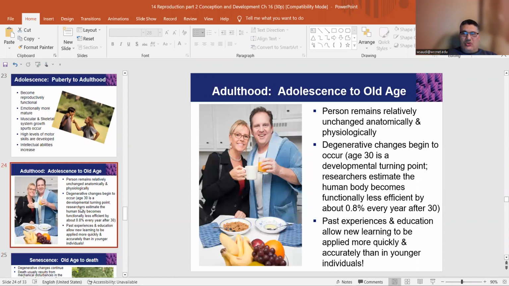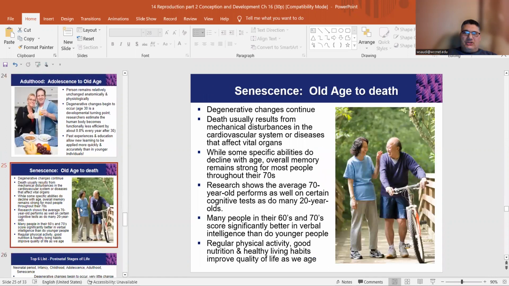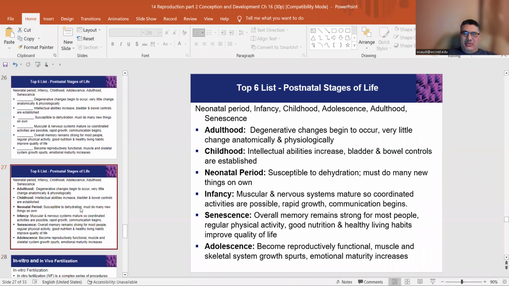Adulthood is from adolescence to old age. And then old age, which is called senescence, is until death. Of course, everybody's different. Some people survive and live until 100 or 120 or whatever. Some people can die earlier and so on, which is again beyond our scope.